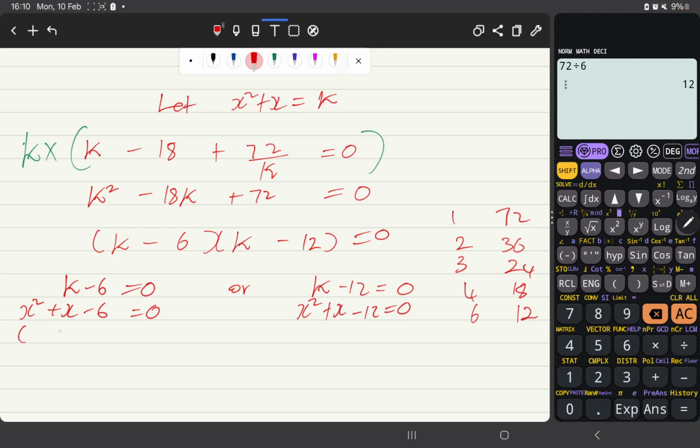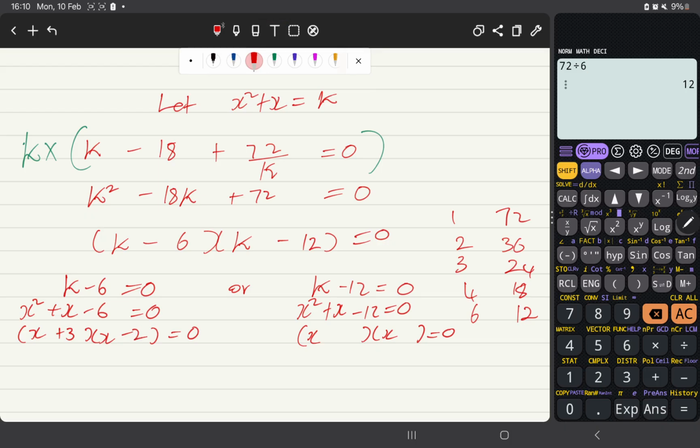Here, doing the same thing, right? So I have x, x, and x, x. For this one, two numbers, I multiply them, I get minus 6. I add them, I get 1. It's going to be positive 3 and minus 2. Alright, I multiply these two, I get minus 6.